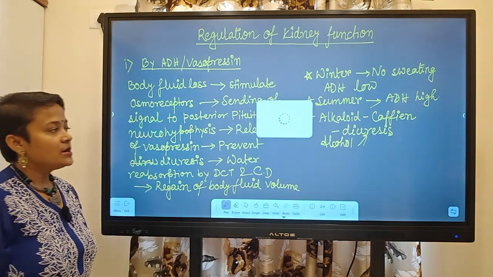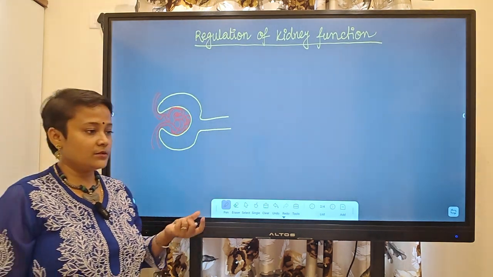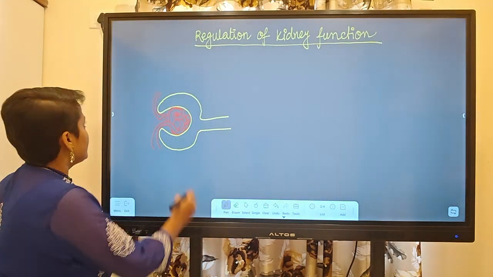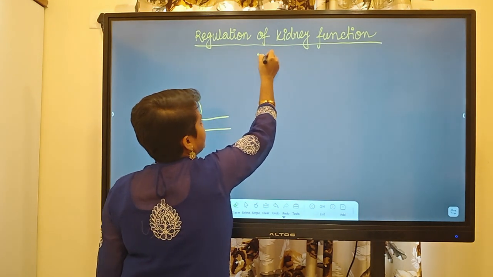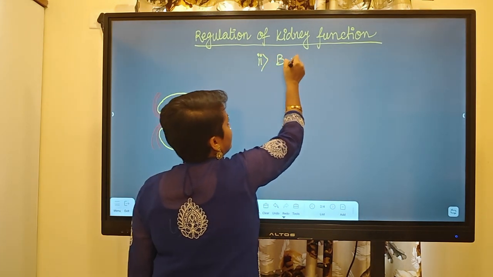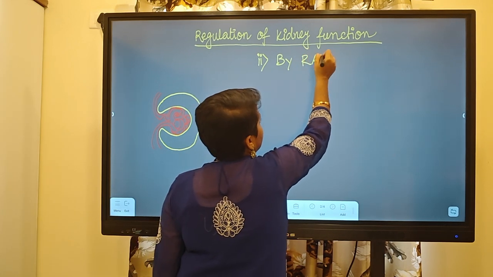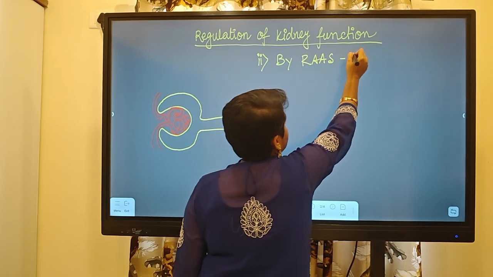Next, the second regulation is by RAAS. What is the full form of RAAS?